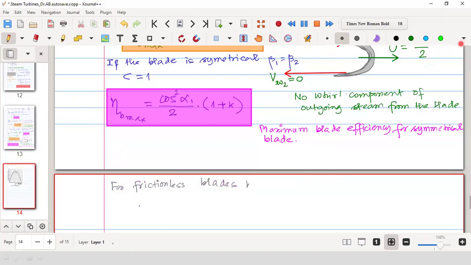k is 1. Therefore, eta B max is equal to, so it is 2 and this 2 will cancel, therefore it will be cos square alpha 1 simply.